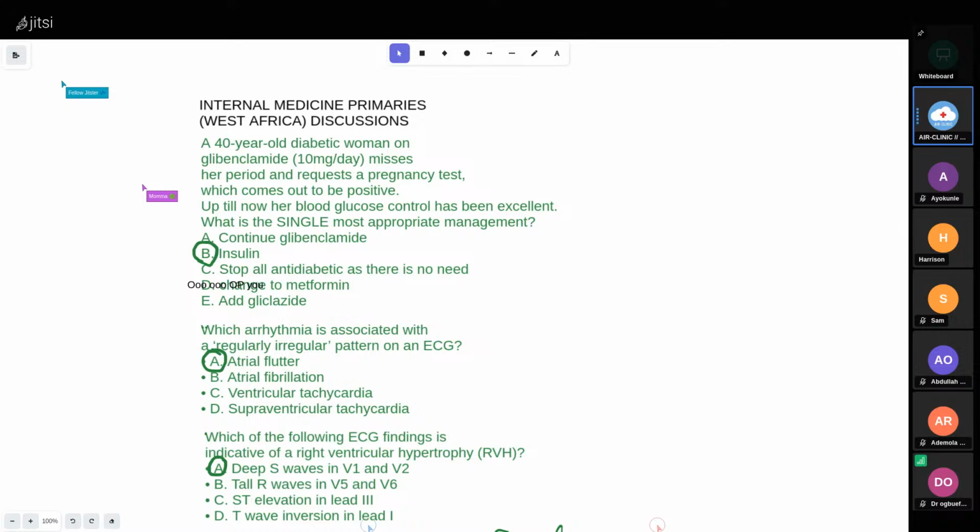So which is not a criterion for diagnosis of nephrotic syndrome? We have hypertension, massive proteinuria, hyperlipidemia, and edema.